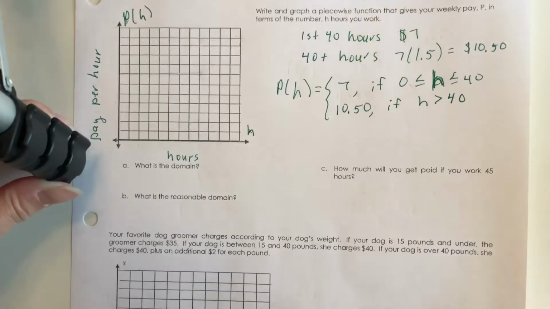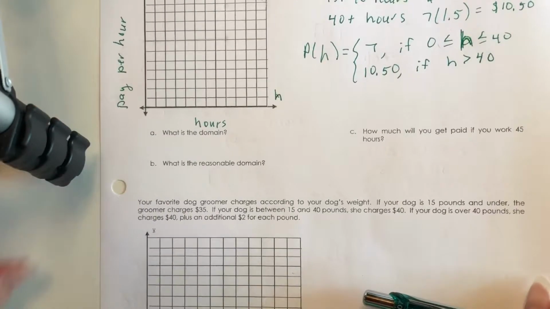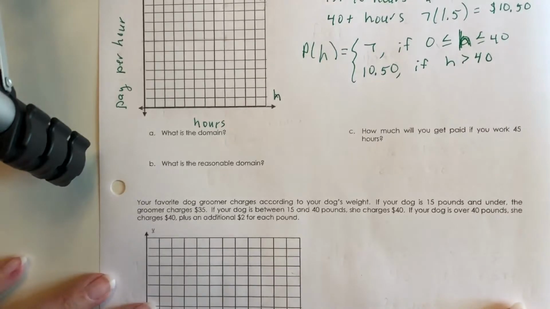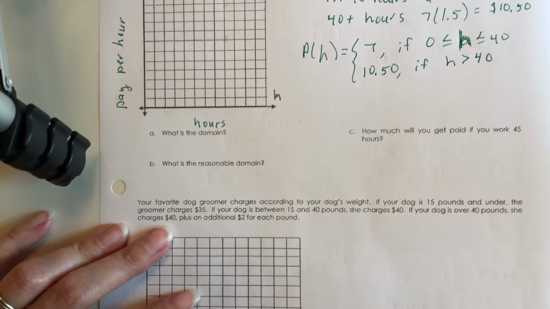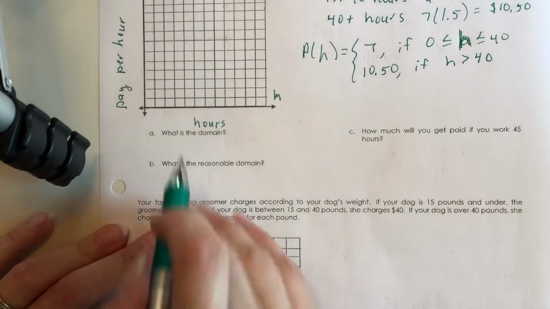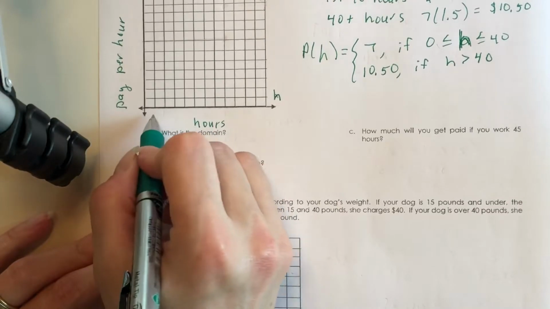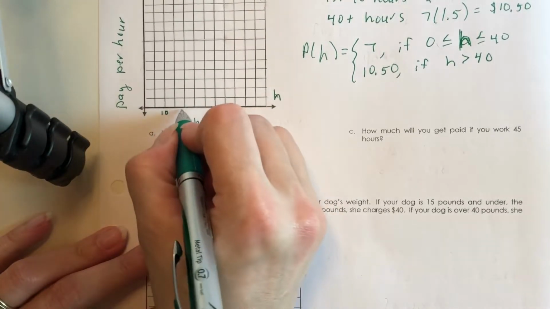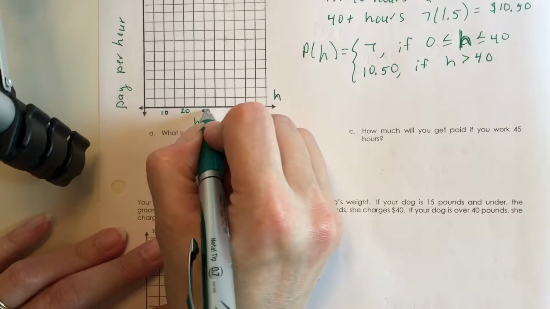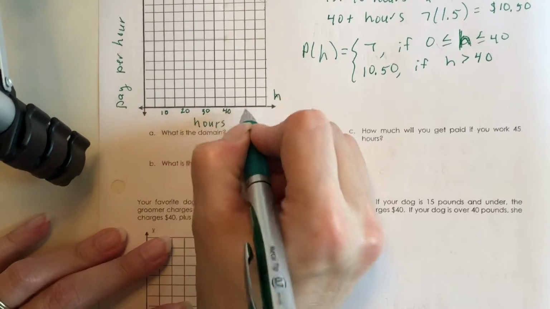So we've got to determine how to do our scale before we start trying to graph it. Hours worked would be anything from 1 to 40 or more. So to label that, let's maybe count by 5. So 2 spaces would be 10, 2 more would be 20, and so on up to 50.